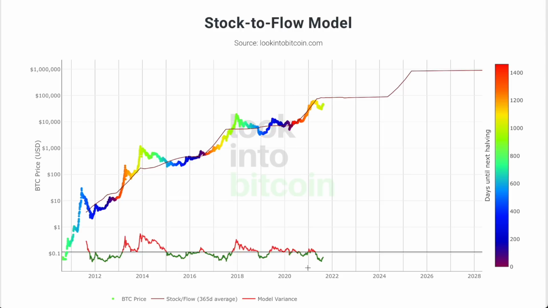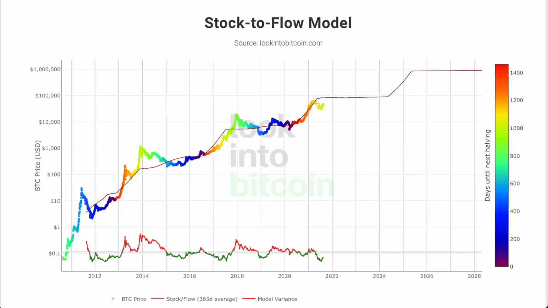So for instance, in May 2020, you saw an ascending stock to flow line because of course, after the halving, that stock to flow is going to be changing. And then at some point in the future, and that future essentially is going to last for a few years, we're going to see the stagnating stock to flow line.